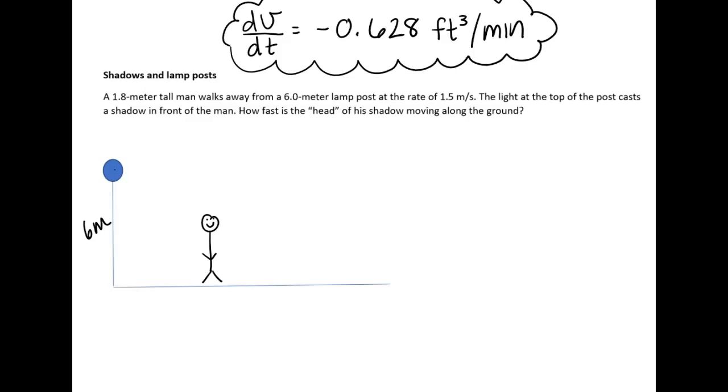So then if we connect here, we end up with a triangle. Exactly how it lines up isn't too important. I'm going to fill this out in black so we can see our whole triangle too. The height of the man was 1.8 meters.